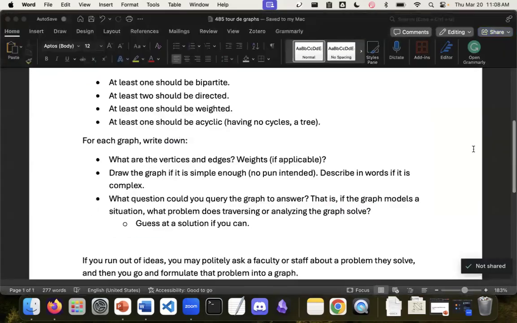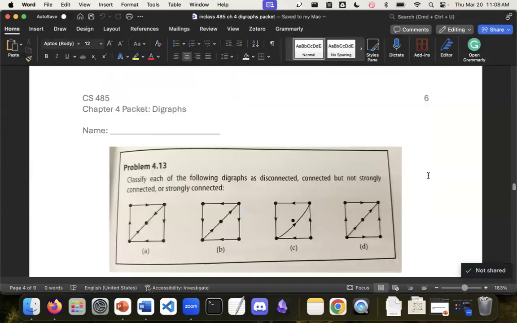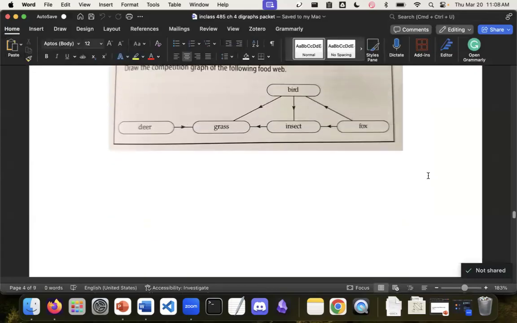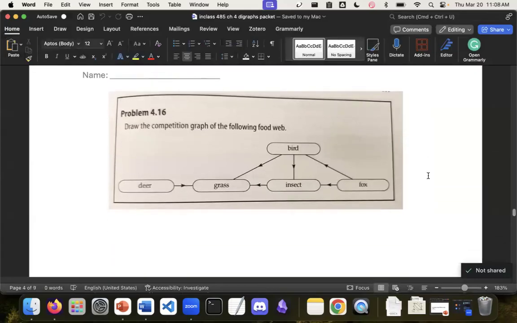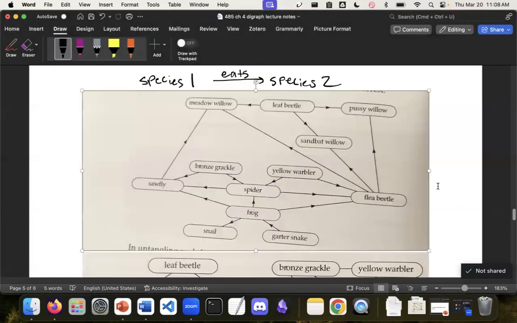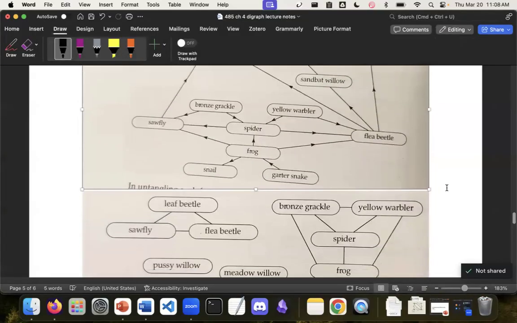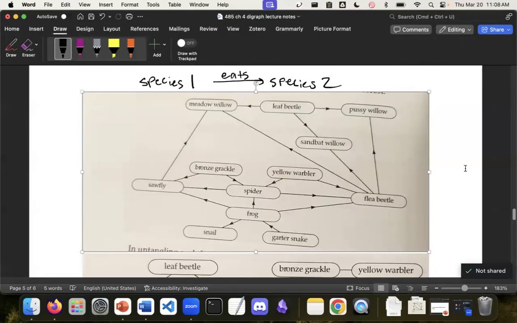Let me pull that up. Yeah, so it gives you a directed graph, and your job is to come up with a competition graph. We've got this directed thing, and now we want to know which predators share prey. So how does this ecosystem kind of depend on each other?